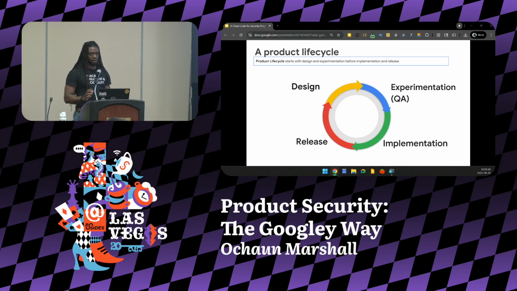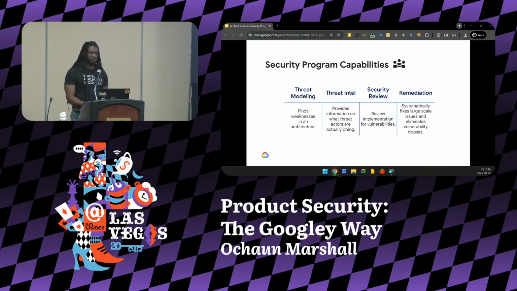Now, there's always new feedback, new things that have to be integrated into the product after the launch. That can be put in the 2.0 version or just the next version. And that's where you can start again with, guess what? Design. And again, this is just a generalization, but it's getting us to start to think about critical questions. How and where do we embed our actual security capabilities into this lifecycle?